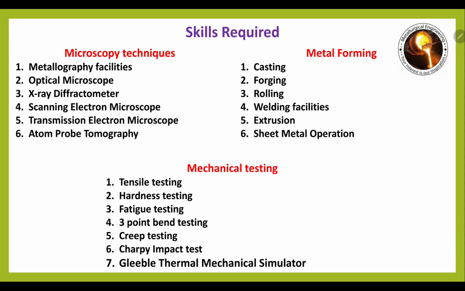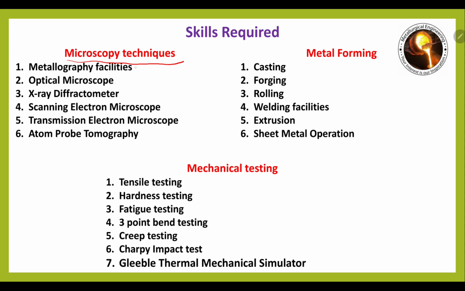The first is microscopic techniques. We study how we can see the microstructure of any kind of material, whether you are working with metals, ceramics, composites, polymers, or semiconductors. We require these microscopic techniques to see the microstructure, and then we correlate that with the mechanical properties or other things.